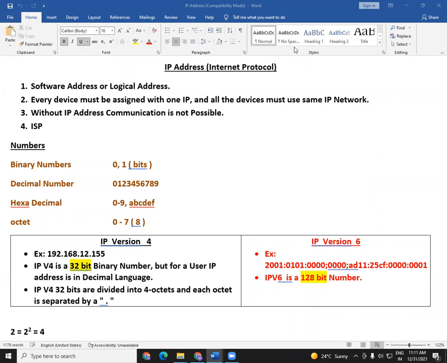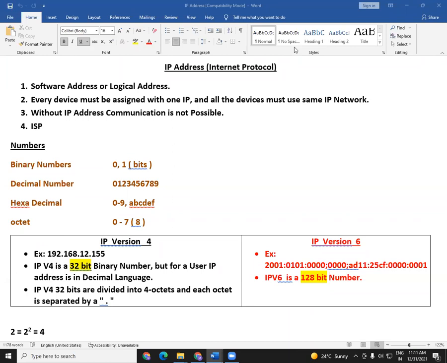Decimal numbers are more human-used; we use these numbers more often, whether it is your phone number, a bike number, or counting money. So binary number is for the machine and decimal number is for the user.